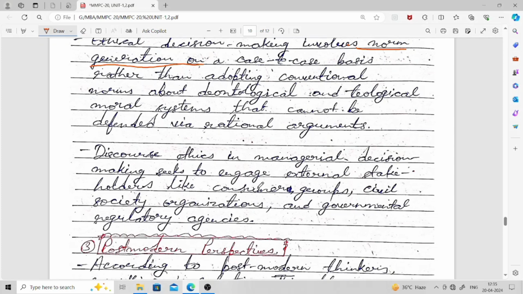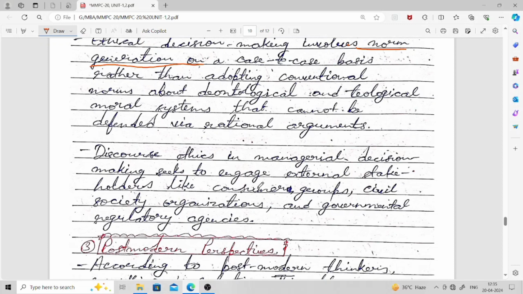So discourse ethics in managerial decision making seeks to engage external stakeholders like consumer groups, civil society organizations, and government regulatory agencies.